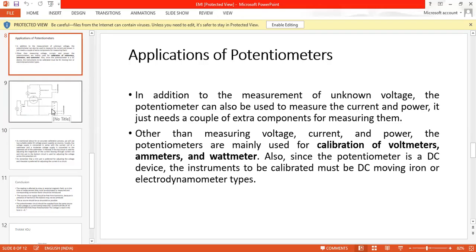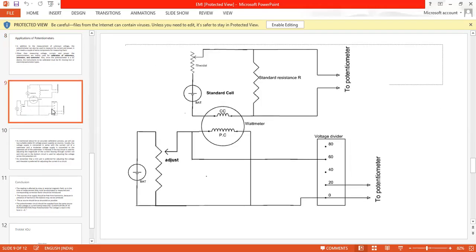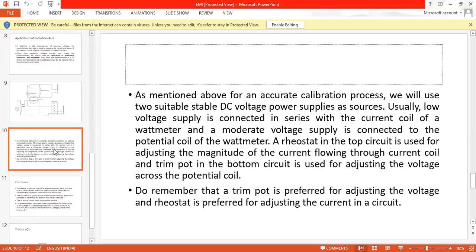Following the applications of the potentiometer, here we can see a standard diagram in which the wattmeter is present between two potentiometers. As mentioned above, an accurate calibration process will use two suitable stable DC voltage power supplies as sources.